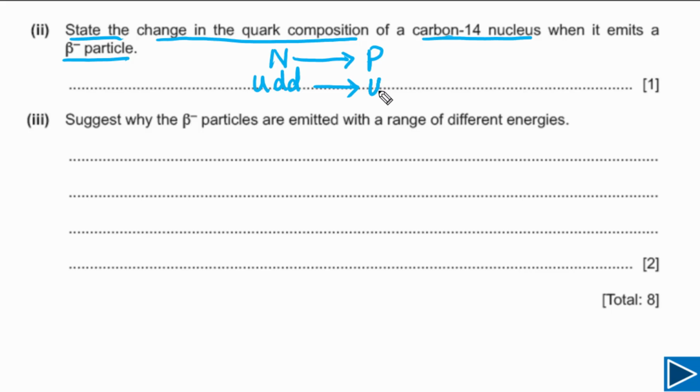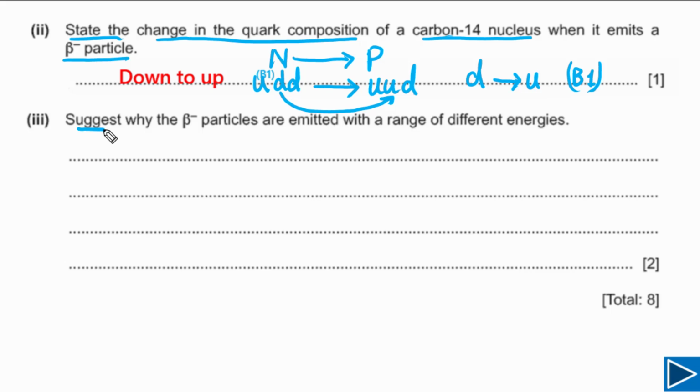A proton consists of 2 up quarks and 1 down quark. So simply from here we can see that 1 down quark decays into 1 up quark. So for this question you can write down: 1 down quark decays into an up quark. If you write down this one, you will get 1 mark and that is a B mark.